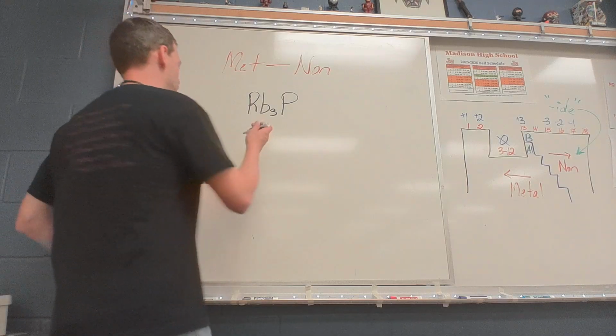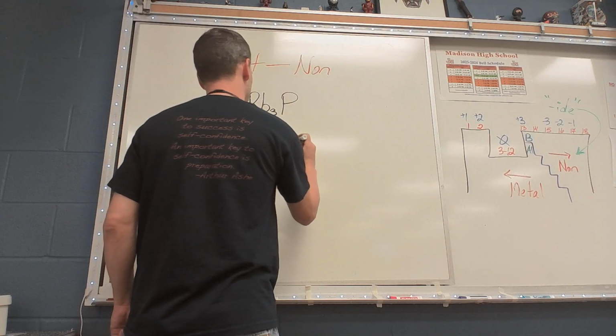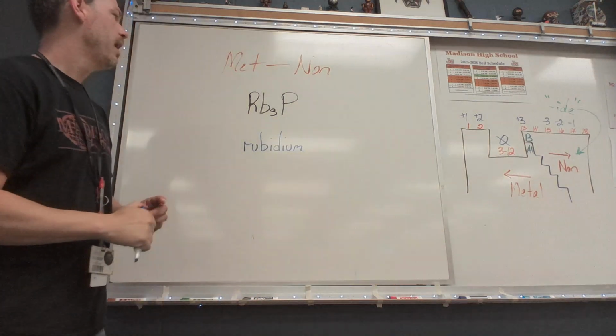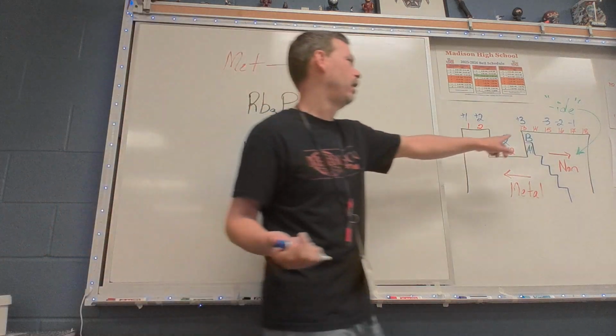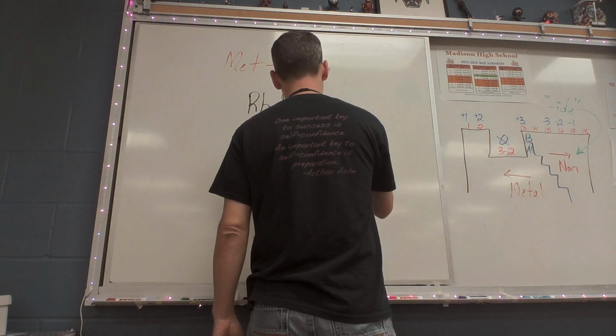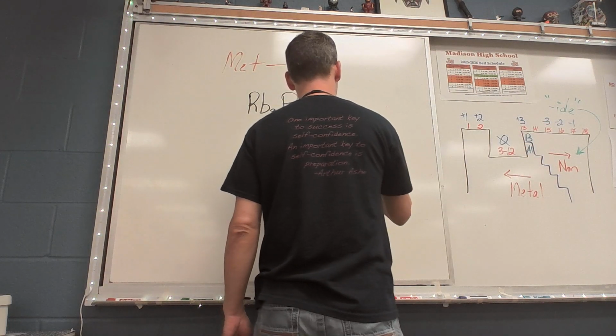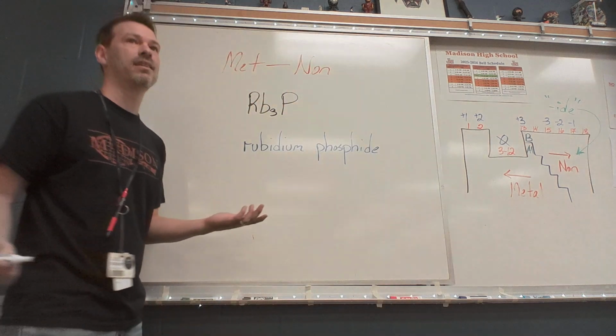Like Rb is pronounced rubidium. And P is pronounced, it's phosphorus, but when it's the second element, it's going to get that ending if it's over here. So it's phosphide. And that's it. You're done.